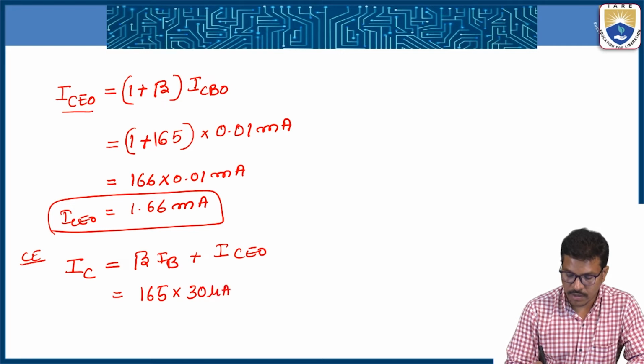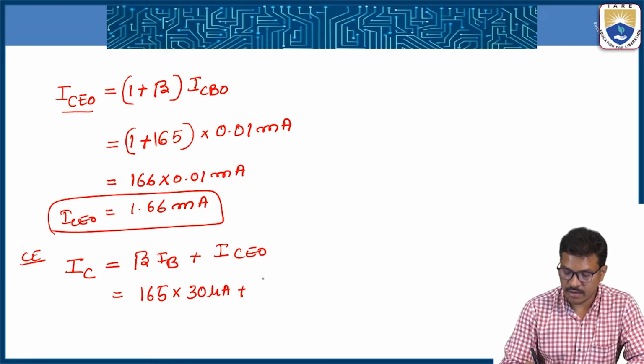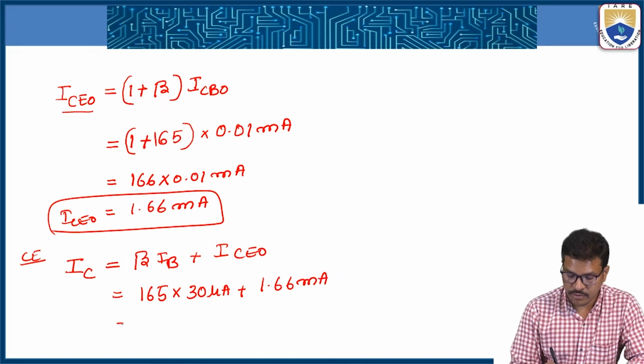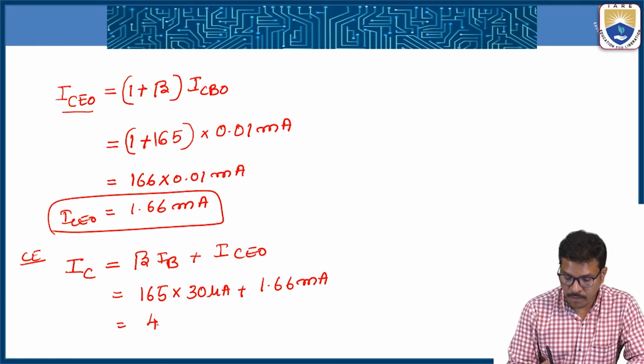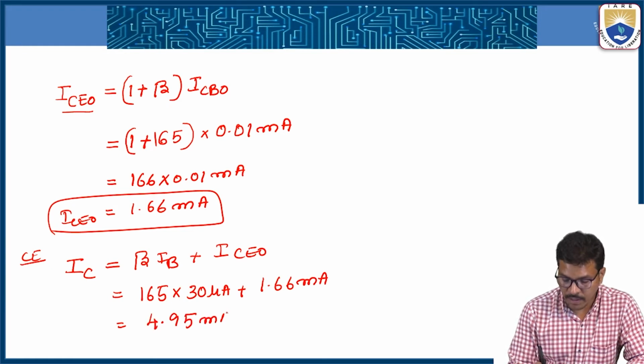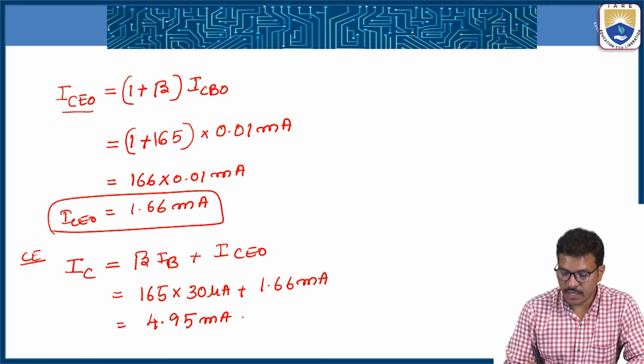30 microampere plus ICO 1.66 milliampere. So it will be converted into 4.95 milliampere. It is 30 multiplied by 165. We'll get 4.95 milliampere plus 1.66 milliampere.